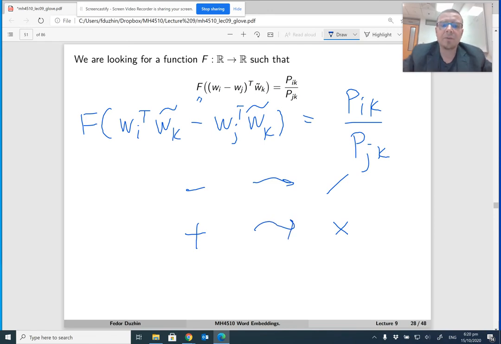So we are looking for a function that transforms addition to multiplication. But what is a function that transforms addition to multiplication? It is a homomorphism from the additive group of real numbers, with the plus operation, to the group of positive real numbers, positive because probabilities are positive, with multiplication being the operation.